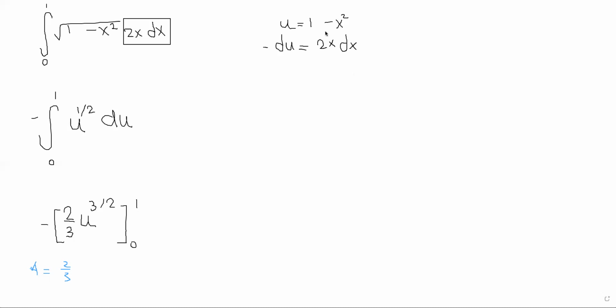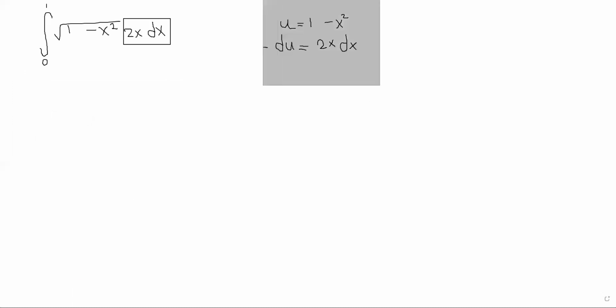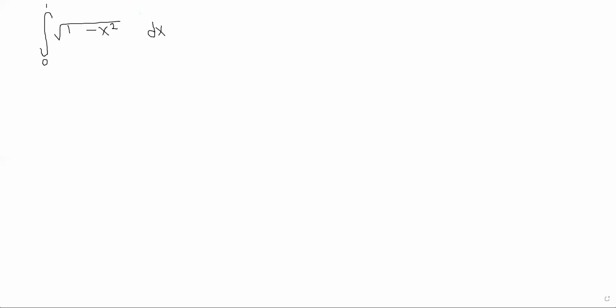So let's try a slightly different function. I'm going to remove the 2x, and I want to see if you can integrate this, see if it's possible using all of the tools we've learned so far. Okay.